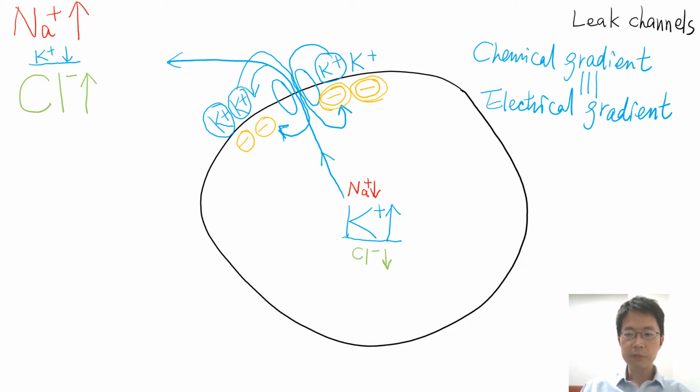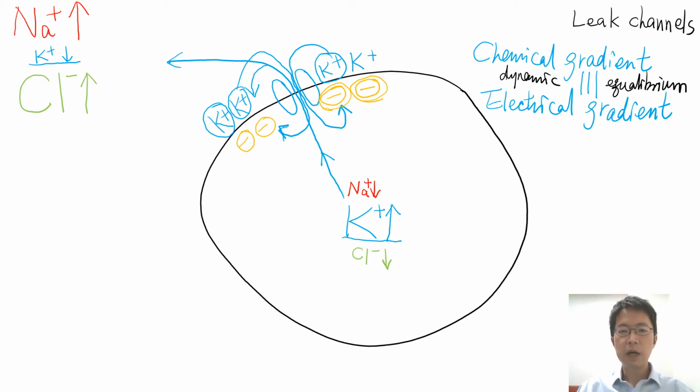It goes out because of the chemical gradient. It comes back in because of the electrical gradient. The opposite charge attracts. It's like the opposite sex, the opposite gender attracts. So we call it dynamic equilibrium. Okay, so the ions are moving.